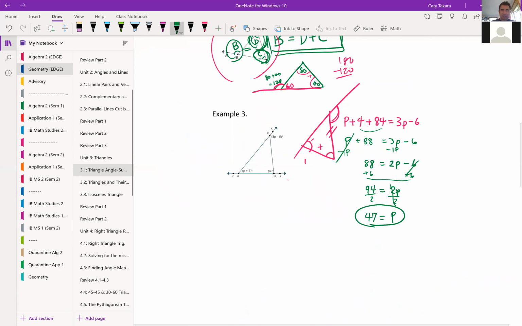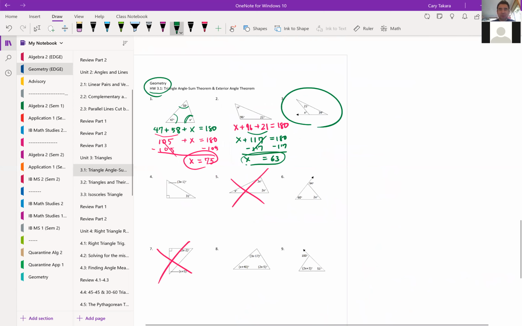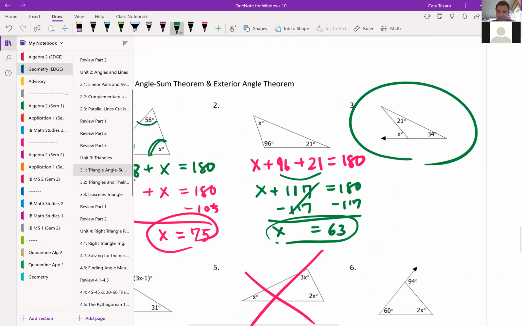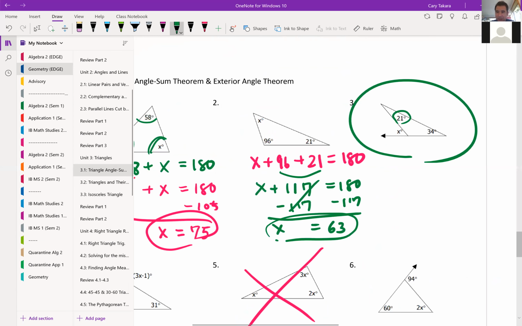And so 2 inside, so 21 and 34. 2 inside, 21 plus 34, that is going to be equal to the outside, x. So here it is. What is x?